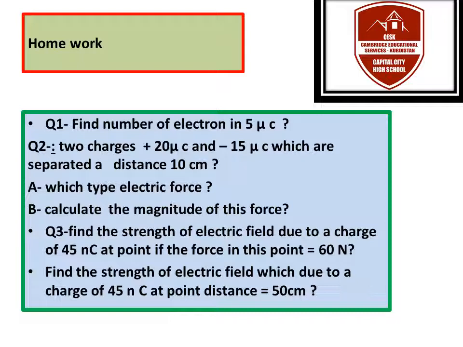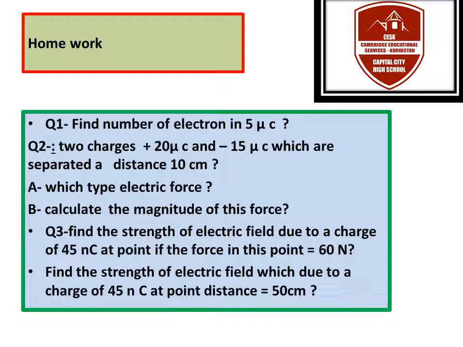So here we have force and we have charge. To solve this question, put the force first in the numerator, 60 Newton, divided by the charge 45 nanocoulomb, which should be multiplied by 10 to power negative 9 in order to convert to coulomb.